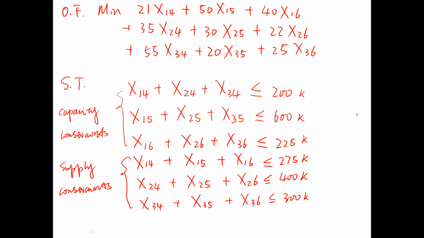Now with that, they make sense, right? But when you look at the constraints and look at the objective function, think about what will happen when this model is solved. What will happen to the decision variables? We're trying to minimize this objective function, right?